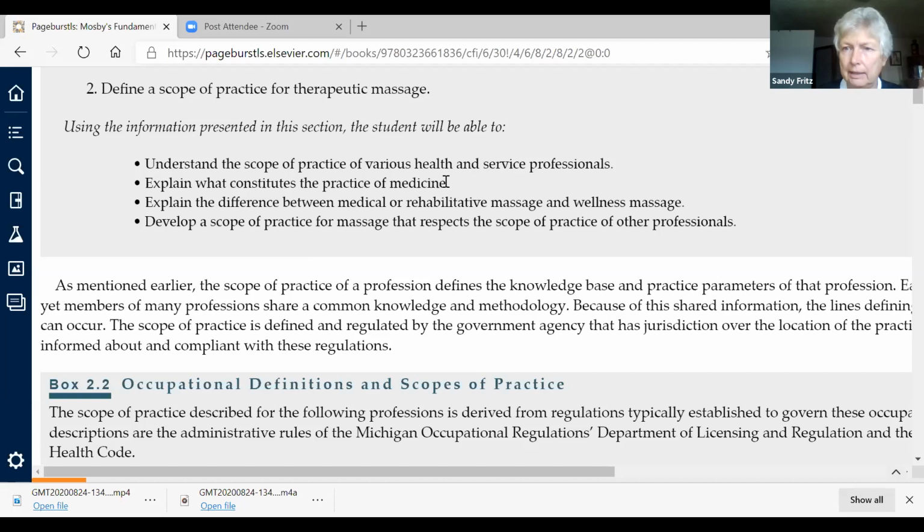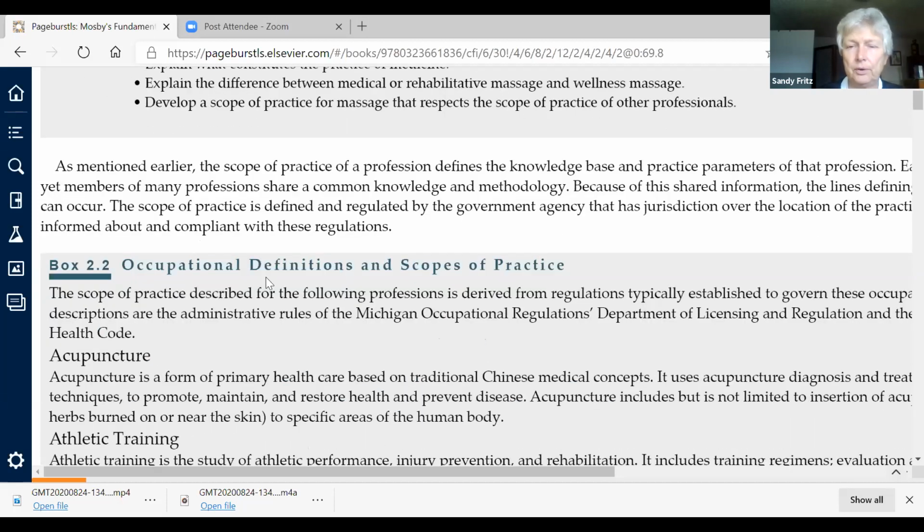So we don't diagnose and we don't prescribe and that sort of thing in general. And each of your state licenses will define what your scope of practice is. And we also have to be very aware of other scopes of practice.